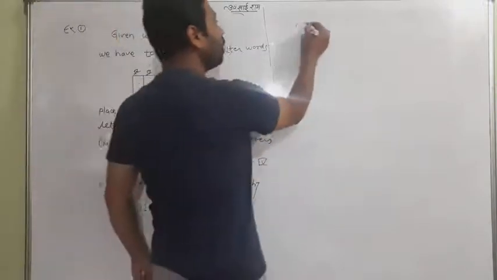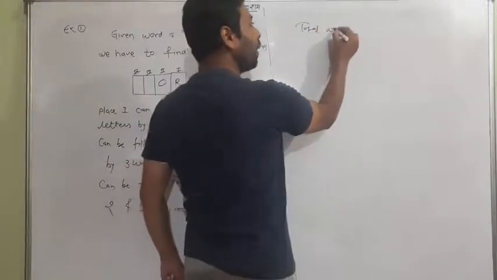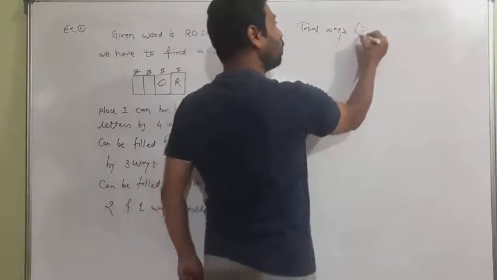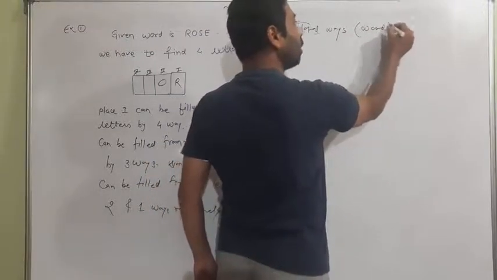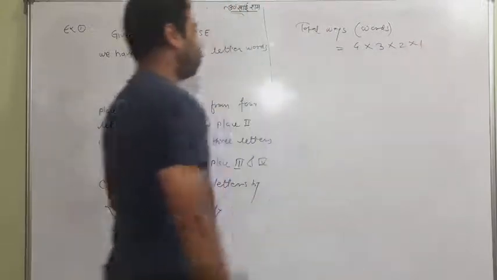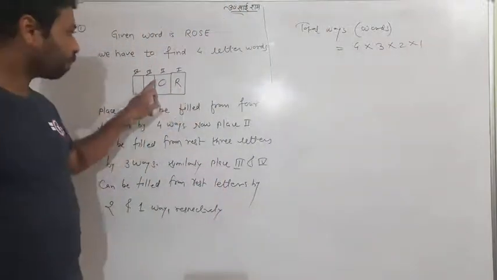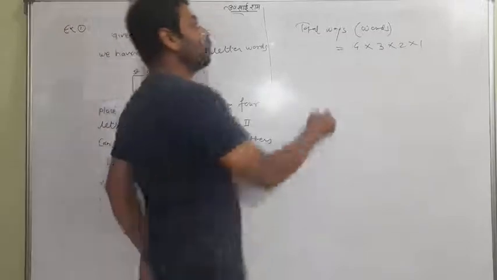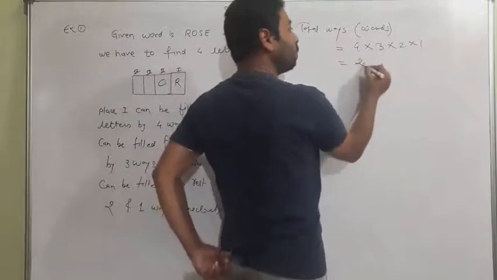So the total ways, or total words you can say, with or without meaning, 4, 3, 2, 1. This is from 4 ways, 3 ways, 2 and 1 way. So your answer is 4 times 3 is 12, times 2 is 24.